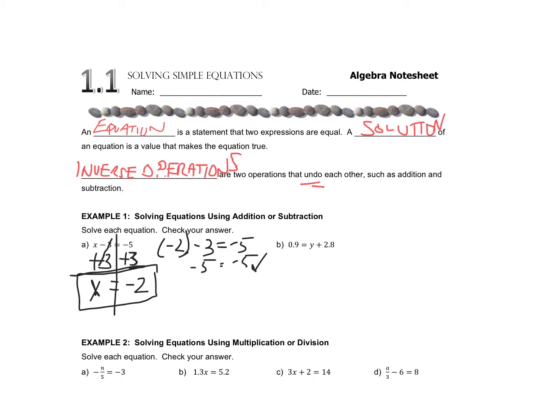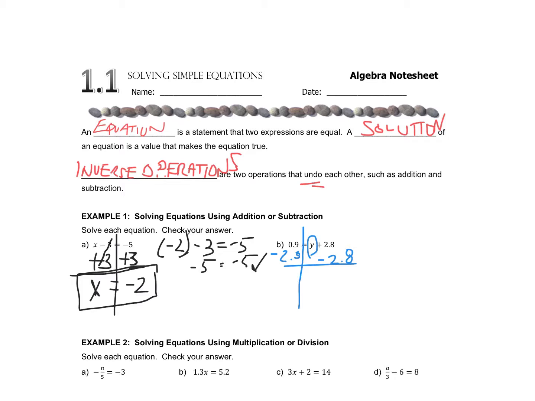So next one. Now I see 0.9 equals y plus 2.8. To get y all by itself, again, we're thinking about this little imaginary wall. I'm going to move the 2.8 to the other side by subtraction. If it says I would add it, to move it, I do the opposite.